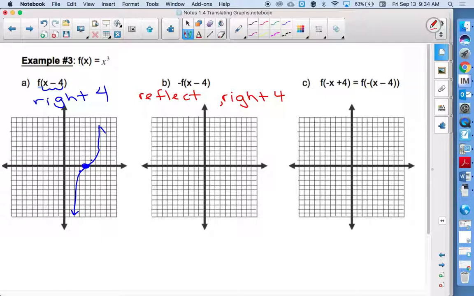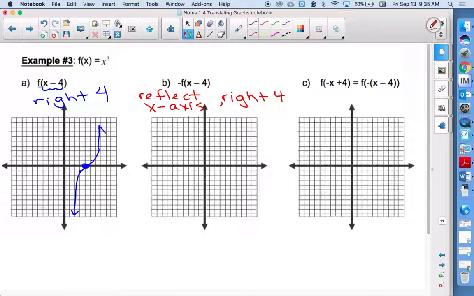Is it reflecting over the x-axis or the y-axis? Yes. And you say that unconfidently. So the reason it's reflecting over the x-axis is because my function is negative. The function is the same thing as the y variable. So it's flipping over the x-axis.